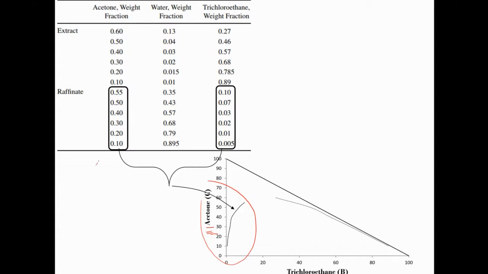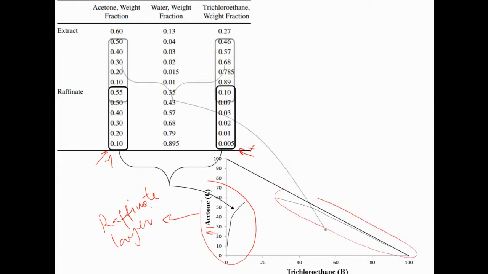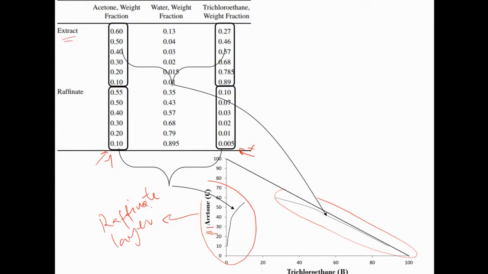This is the acetone, this is going to be your Y, and this is going to be your X here, trichloroethane. And I will use this extract layer. So this one is representing the raffinate layer. And the other line here is going to be drawn using the extract layer.